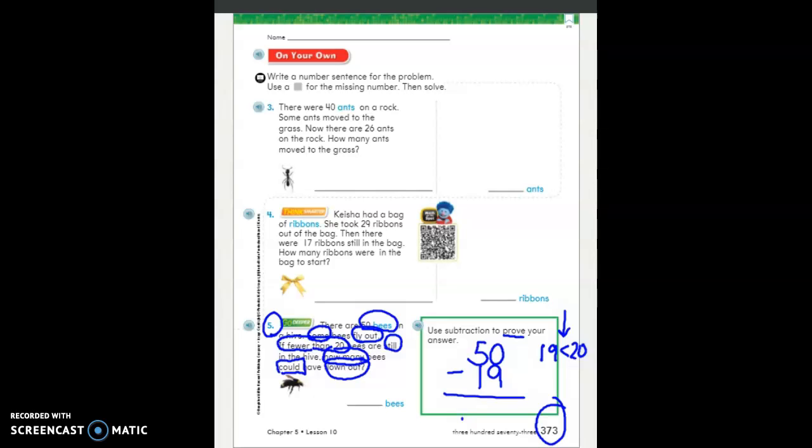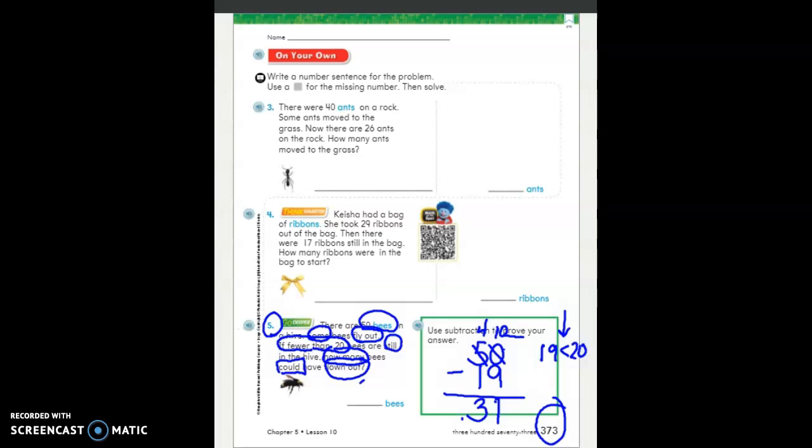I know 50, take away 9. I know there's a 0 there, so I'm going to have to regroup. My 5 becomes a 4, and my 0 becomes a 10. 10 take away 9 is 1. 4 take away 1 is 3.